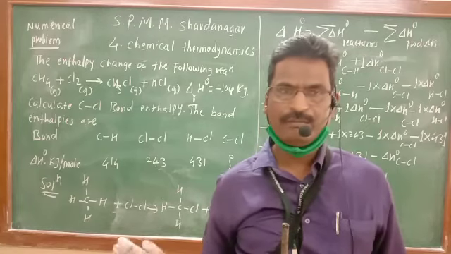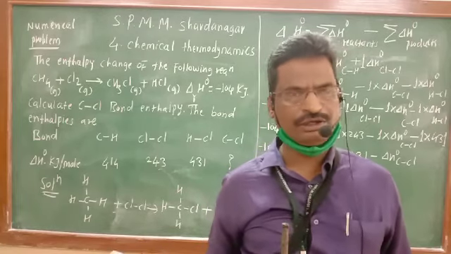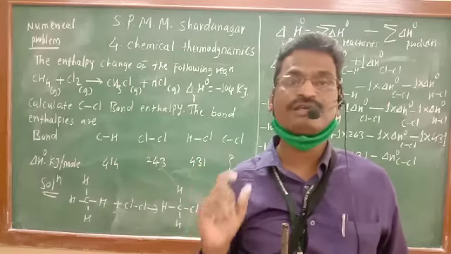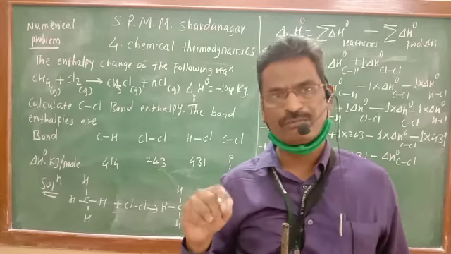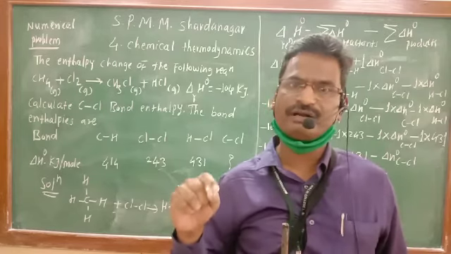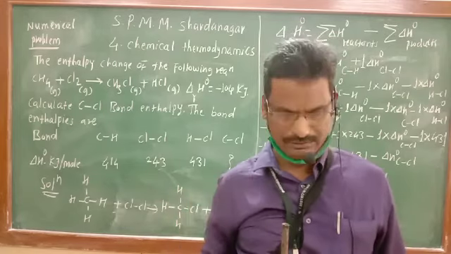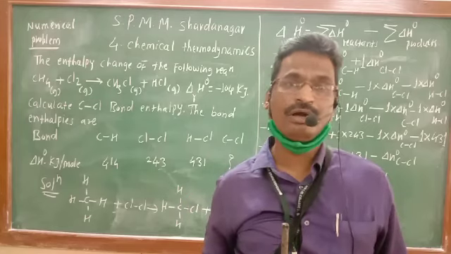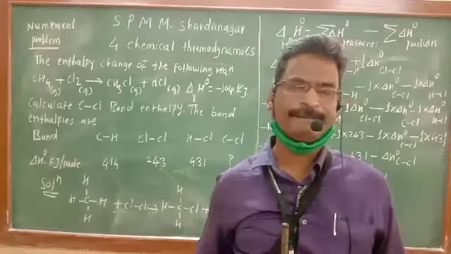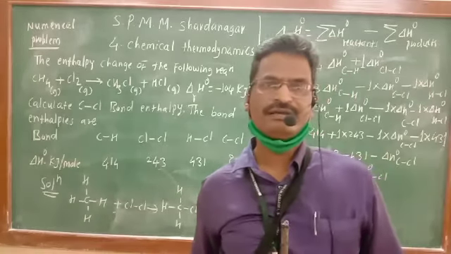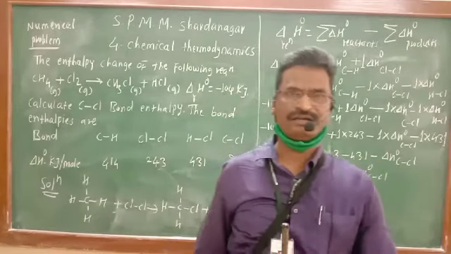There are many problems given here. We have supplied you a workbook. In that workbook also I have included certain problems. So take a print of that workbook and solve all those problems. In the next video, we will see Hess's law of constant heat summation.